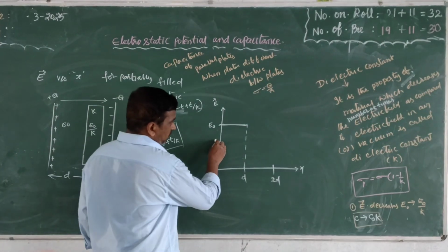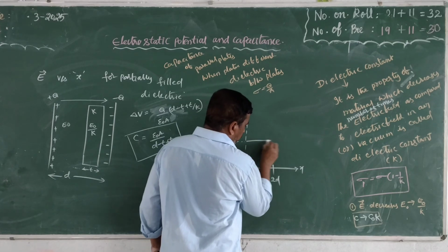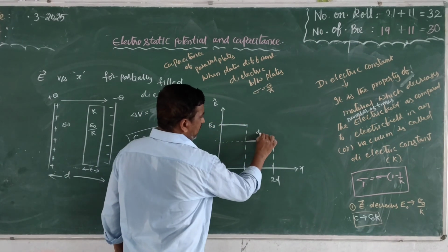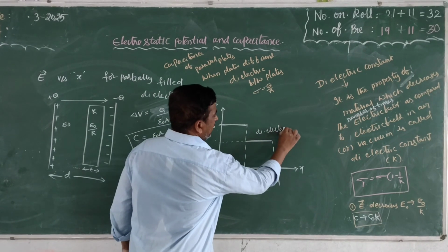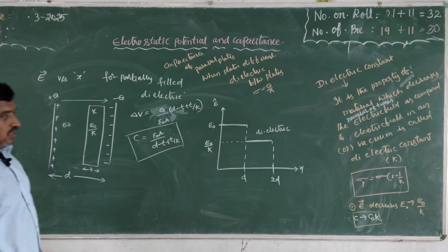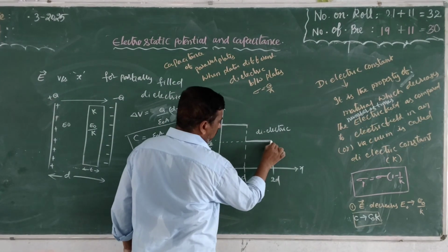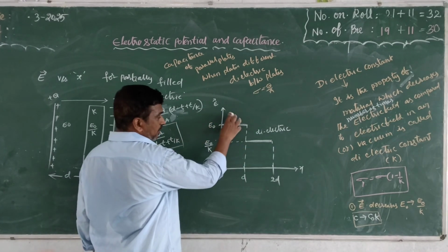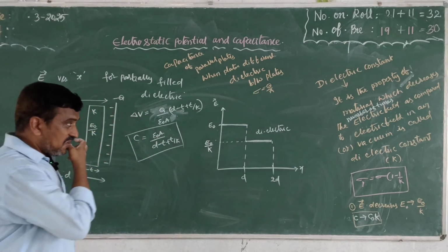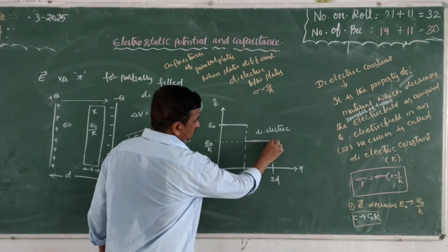So from D up to 2D, the electric field due to the dielectric is E naught by K. Without dielectric, the electric field is maximum; with dielectric, it decreases to E naught by K.